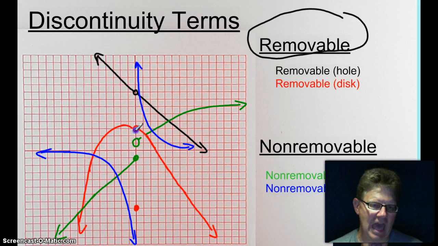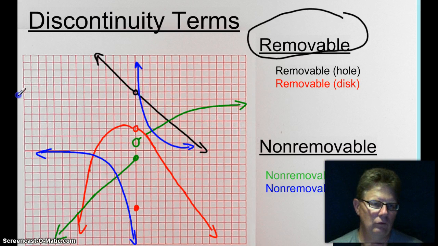That means f of a is defined, but it is not equal to the limit as x approaches a. Okay, the black one right here, that is a hole. It's defined everywhere, but not at one particular spot right there at 0. So there is a hole there at 0.